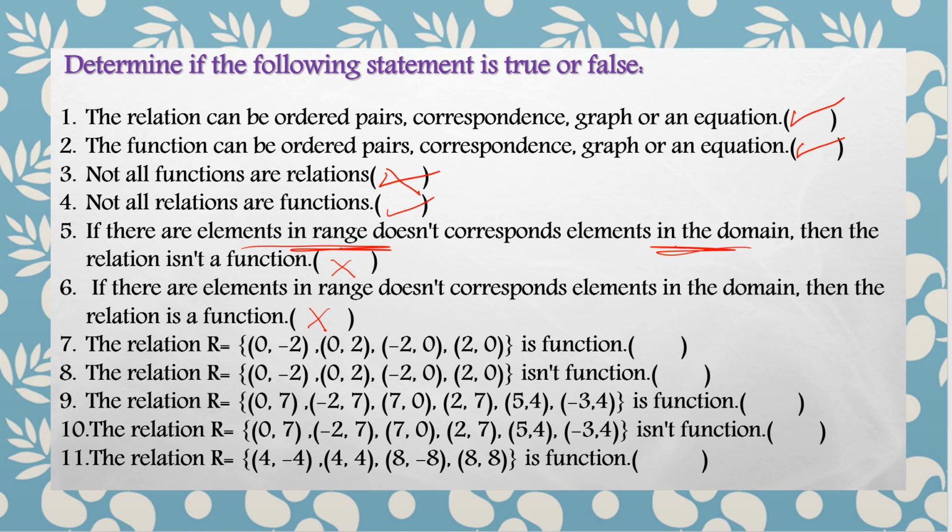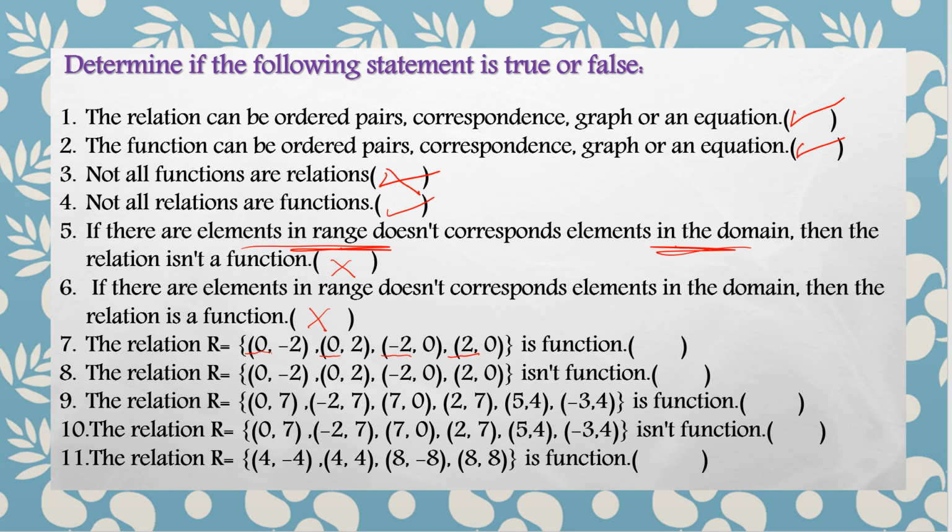Okay. Statement 7, this relation is a function or not. By going to the first elements in the relation, or the values of the domain, we can see here that 0 corresponds to -2 and 2, and this is not a function.